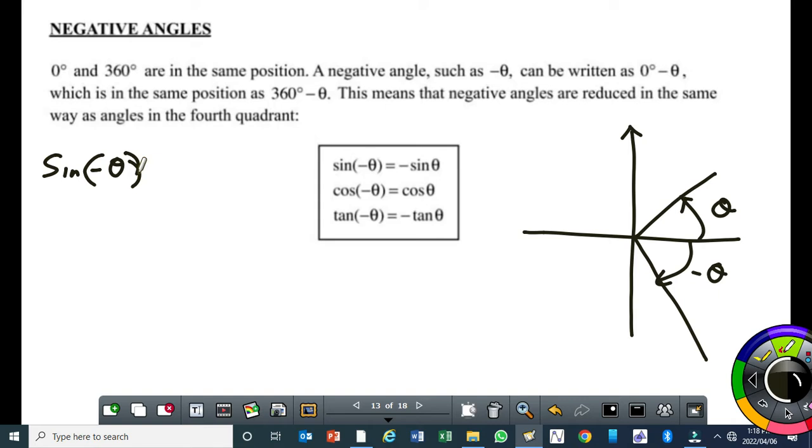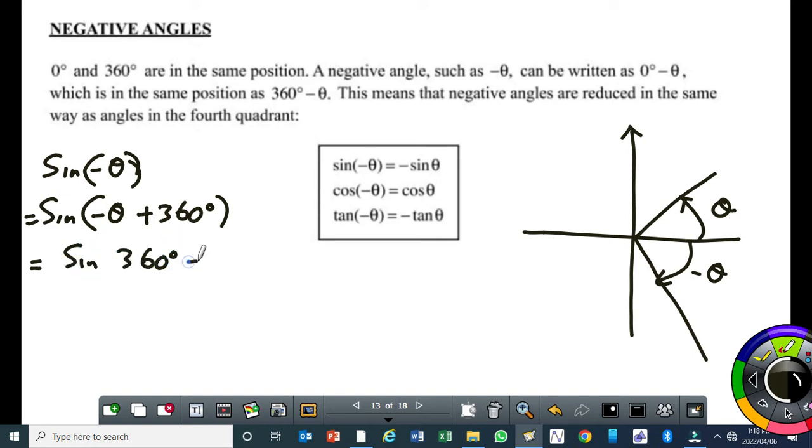If I am in the first quadrant and I move 360 degrees, I'll come back to the same point. So sine of minus theta, I can add 360 to it, and this will become sine of 360 degrees minus theta.